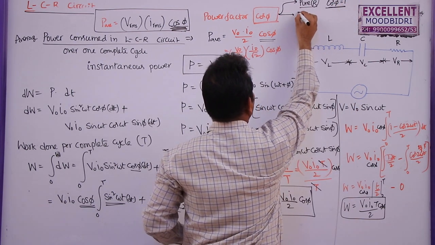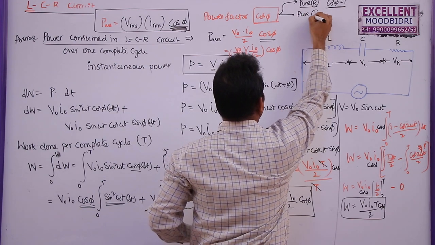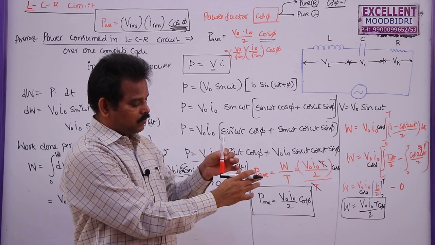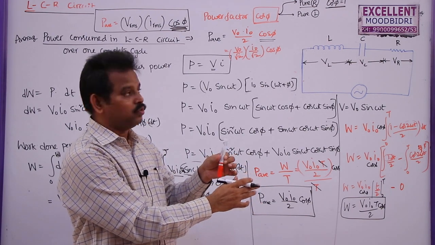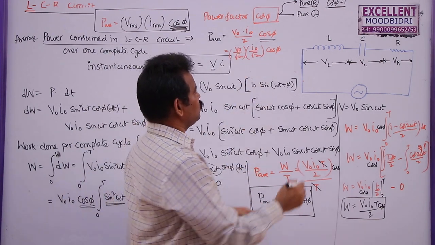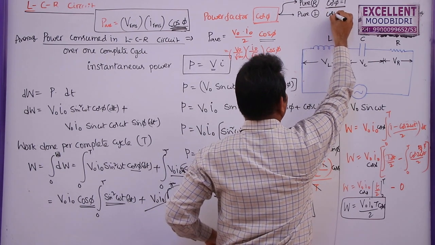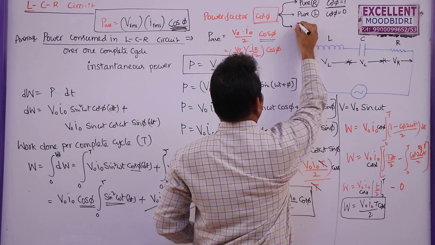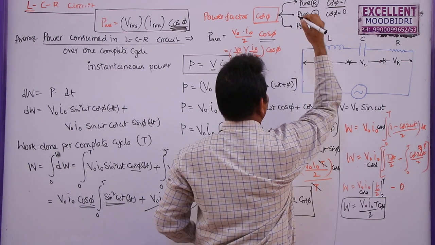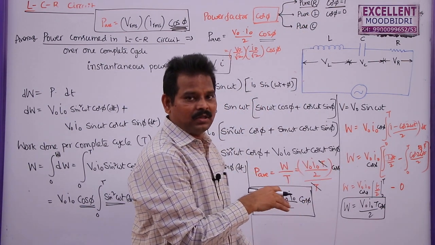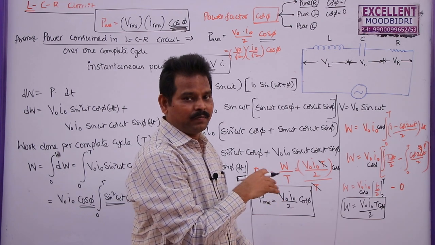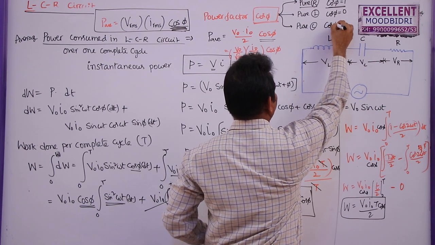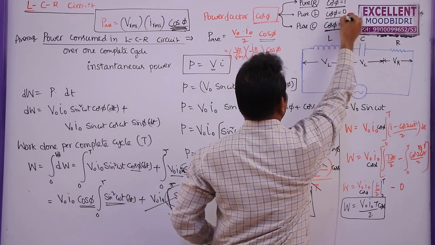Similarly, for a pure inductor circuit, EMF leads current by 90 degrees or pi by 2. So cos of pi by 2 is 0, and the power factor is 0 here. Similarly, for a pure capacitor circuit, current leads EMF by 90 degrees or pi by 2 radians, so the power factor will be 0 once again.